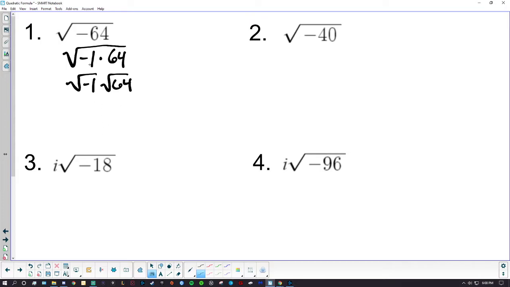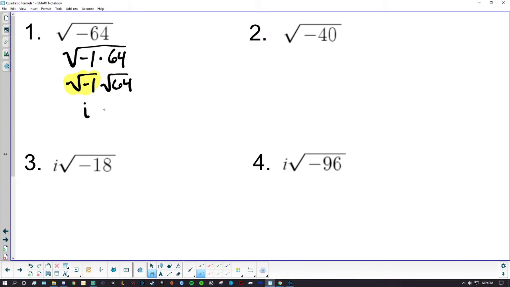And using that definition from that first slide, we know the square root of -1 is i. So this entire thing, the square root of -1, is just i. It's an imaginary number. So we just write i. Luckily, we know the square root of 64. The square root of 64 is 8.